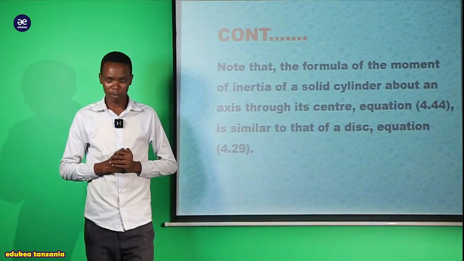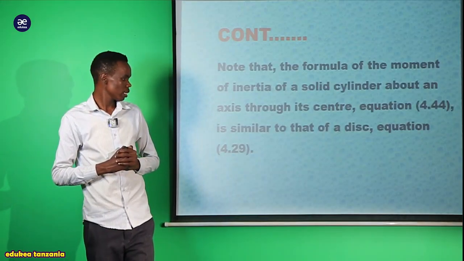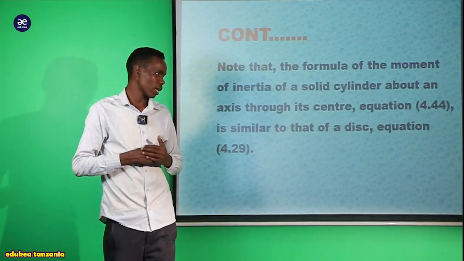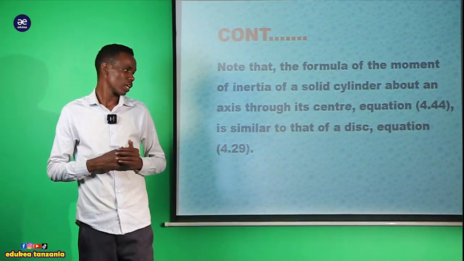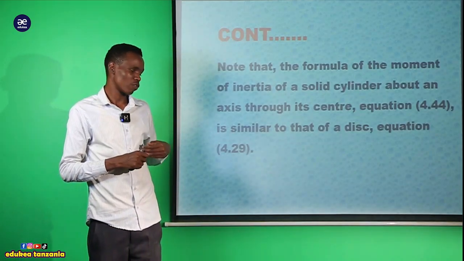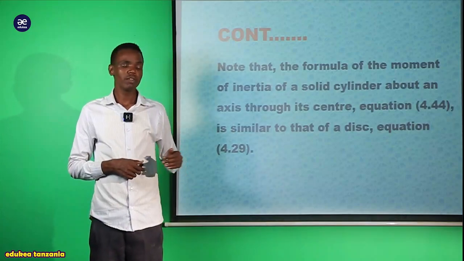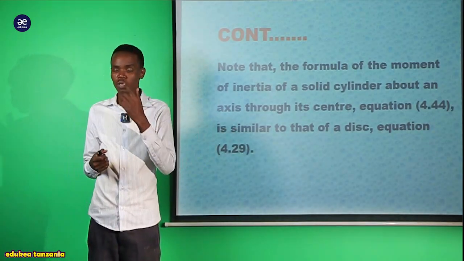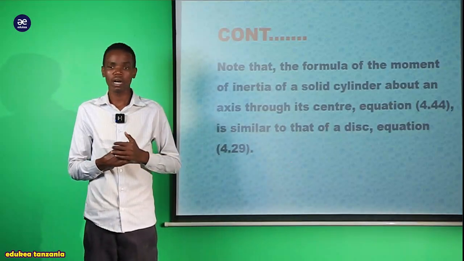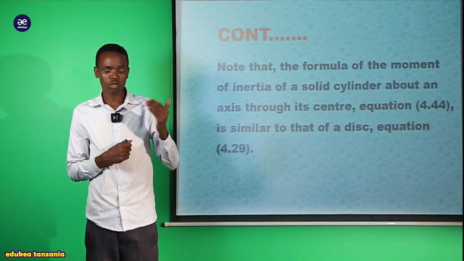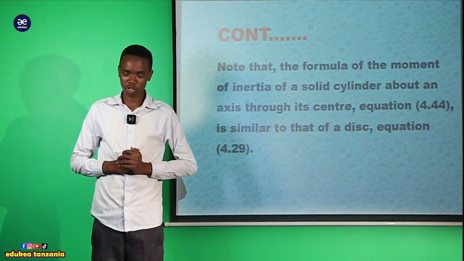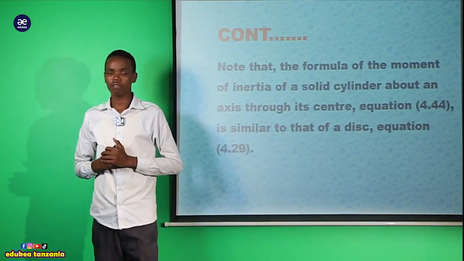And after this one, we should say that this formula of the moment of inertia for the solid sphere must be equal to the moment of inertia of the disk. Kwamba hii formula ya hapa inafanana ile ya kwenye disk, kwa sababu kwenye disk tulidemonstrate ambayo ilikuwa ni question number 29 for our first topic, tulipata ni sawa na half mr square, na hapa tumejaribu kudemonstrate ya solid sphere tumepata ni sawa na half mr square.